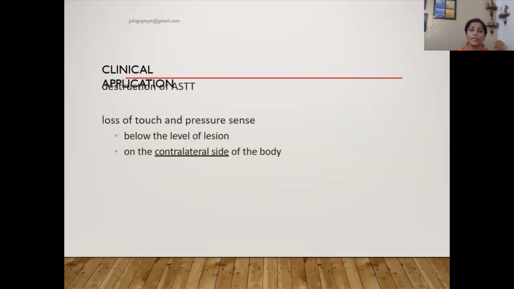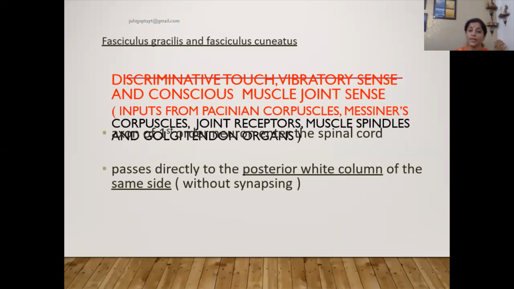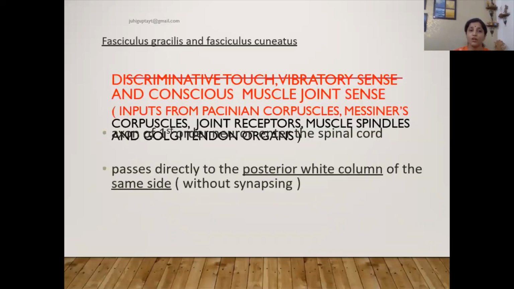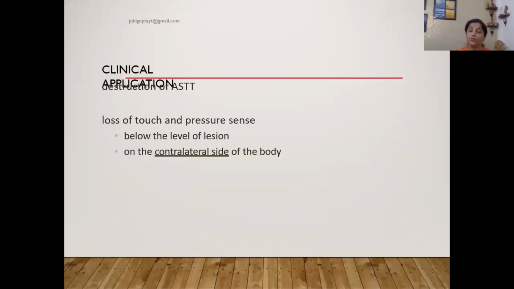If we apply it in the clinical practice, we see that if there is a loss of sensation of touch or pressure sensation, again below the level of the lesion, that is, if the lesion has occurred at a particular point, and at that point the injury is on one side, then we have to understand very well, as we did in the lateral spinothalamic tract, that this injury at a particular level on one side will affect the transmission of sensations of all the spinal segments below that level and on the opposite side.